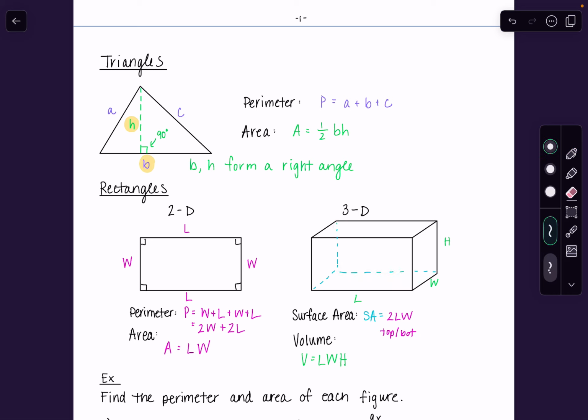Then let's move on to the sides. So we've got one side here and an identical side over here. And each of these have area W times H. So we add that together because we would need paint for these two sides as well. So this is the left and right of the box.